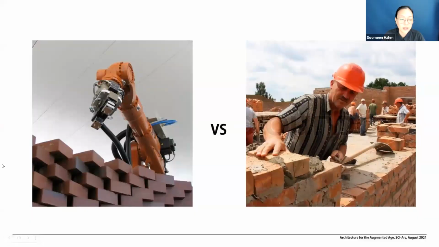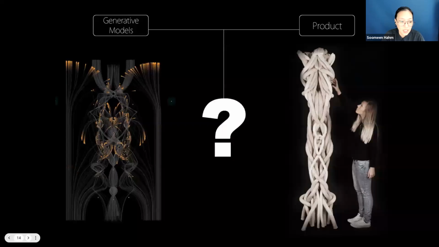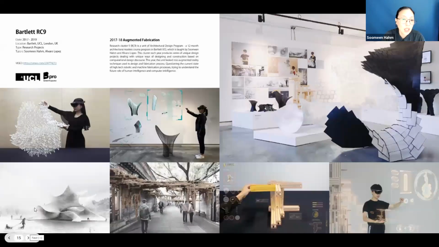These are different projects, and my focus is to look differently at labor: robotic labor and human labor, and what the merits and differences are, and to study the connectivity between generative models and the production of those complex geometries.